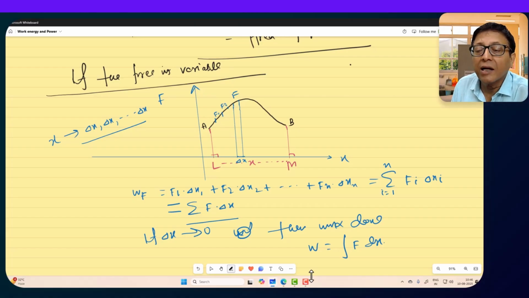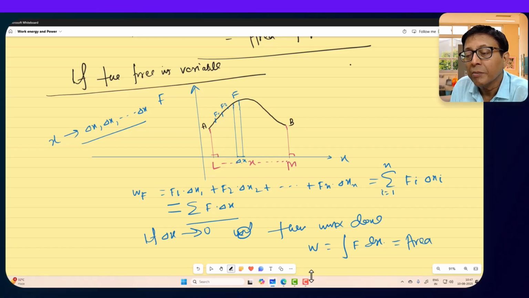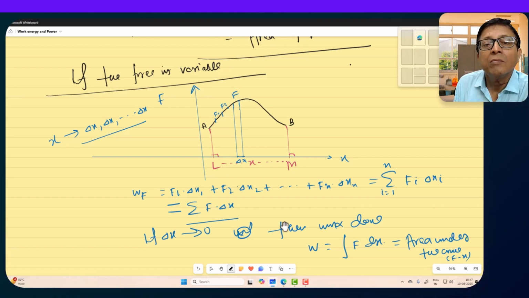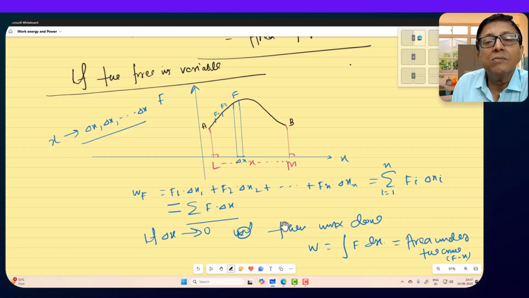I will say that this is also the area under the curve, meaning the F-x curve. Why? The question arises why. Its origin is actually integral calculus.